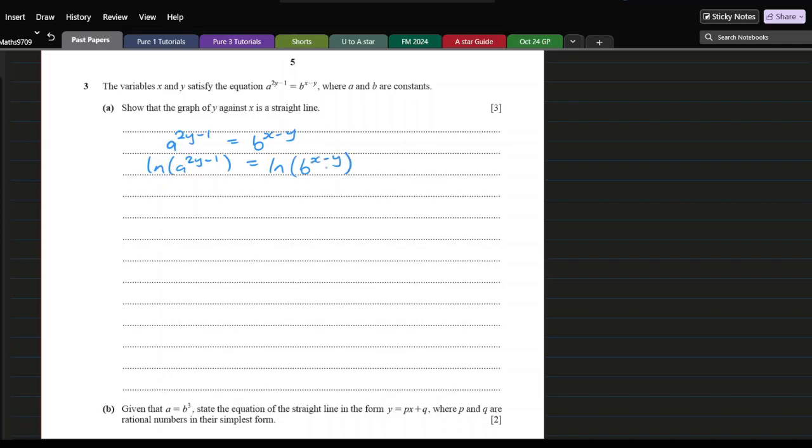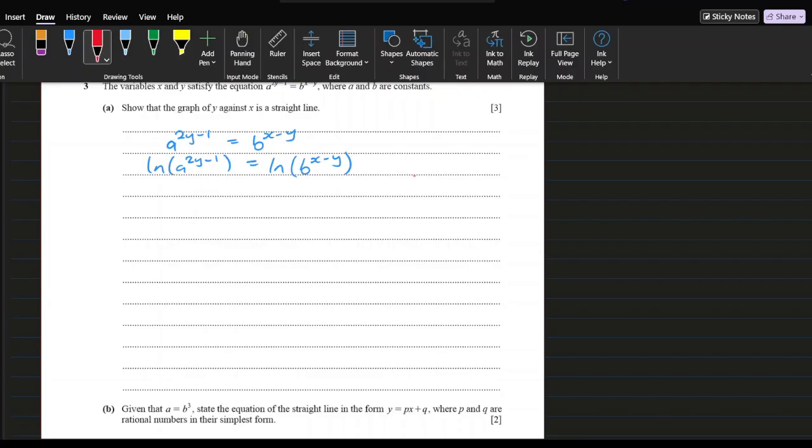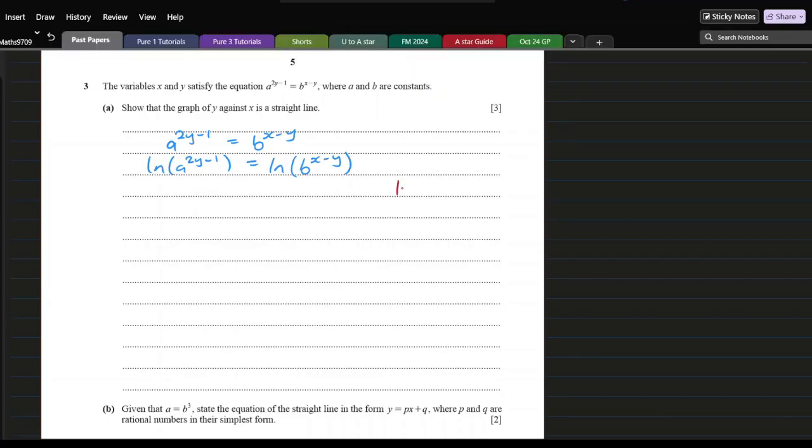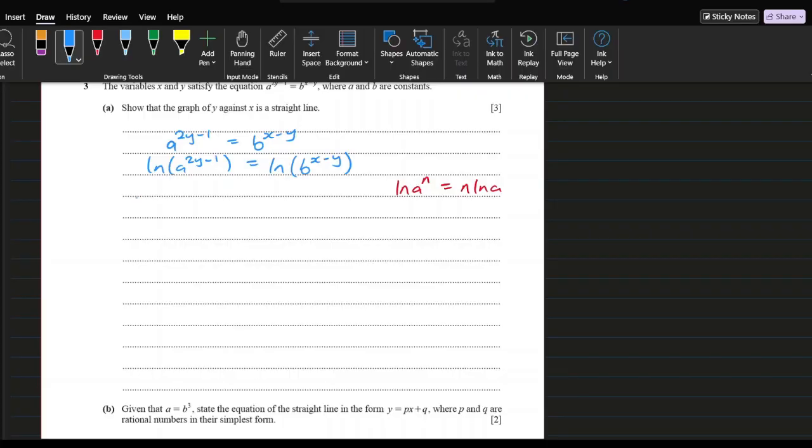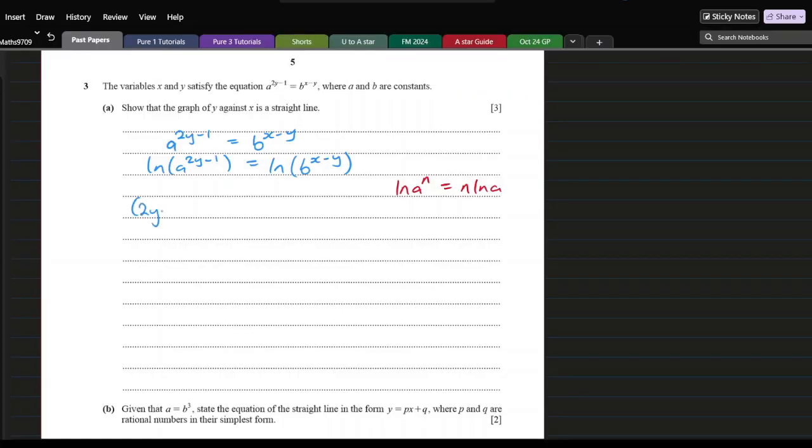And using laws of logarithms, particularly the one that says ln a to the n is equal to n ln a, we can simplify this to become 2y minus 1 times ln a. So this basically allows us to bring down the power. Okay, and we can do it on the other side as well.